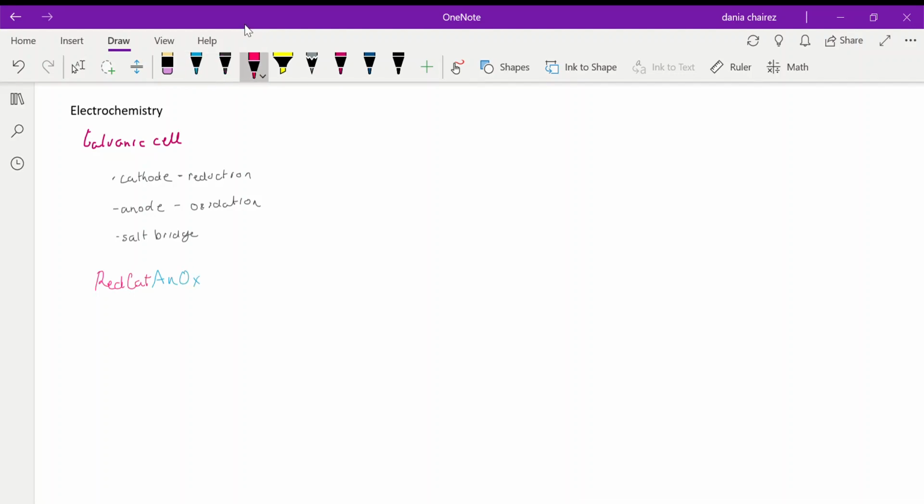Red is the reduction, cat is the cathode, an is the anode, and ox is the oxidation. So red cat and ox. Yeah, I know, it's kind of silly, but it'll help you remember because it goes with the equations that we have to do with galvanic cells and reduction potentials.